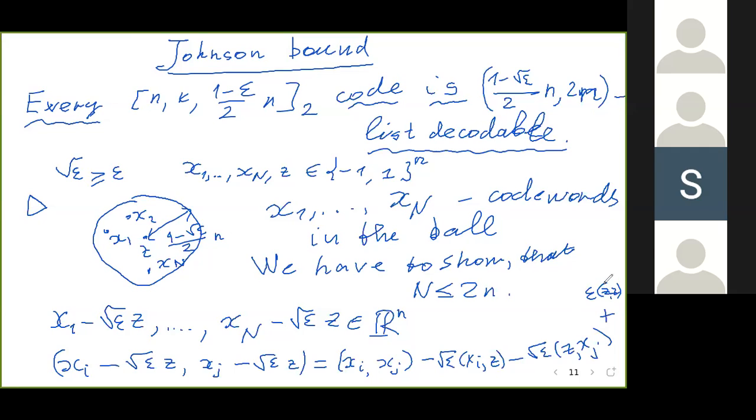Now this is known, because z is the vector of plus minus 1s. Its inner square is equal to n. So this is epsilon n.